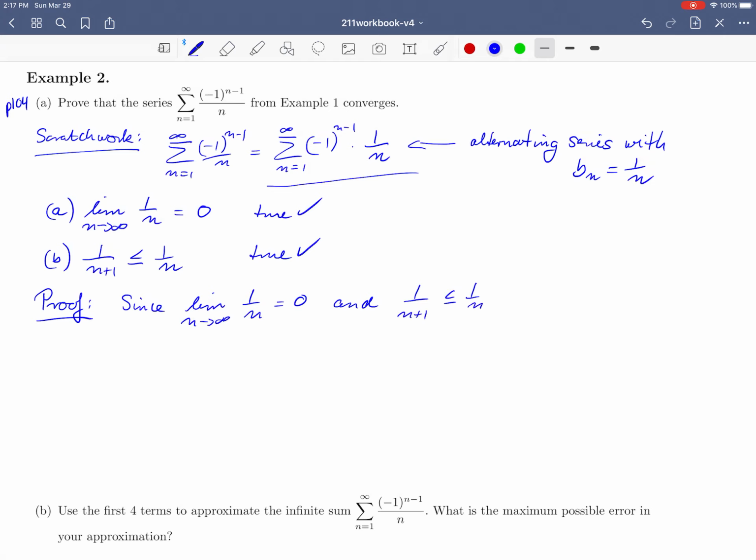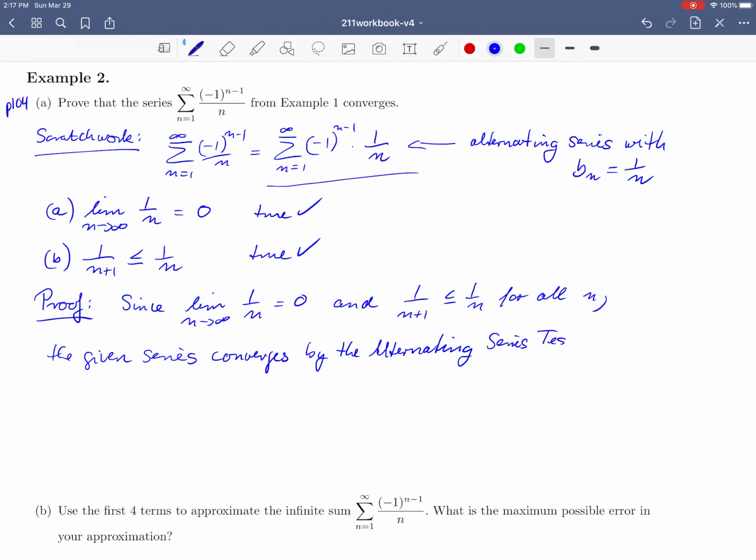Since the limit as n goes to infinity of 1 over n is equal to 0, and 1 over n plus 1 is less or equal to 1 over n for all n, the given series converges by the alternating series test. And that's it. That is our proof.